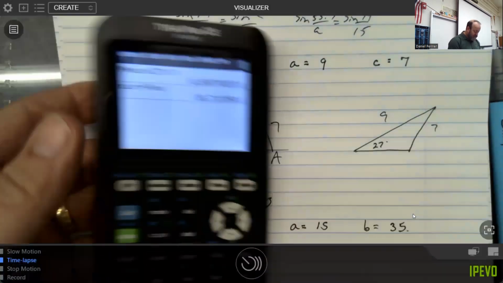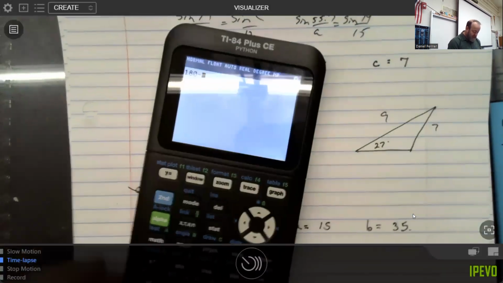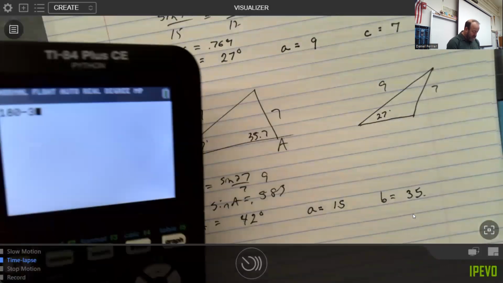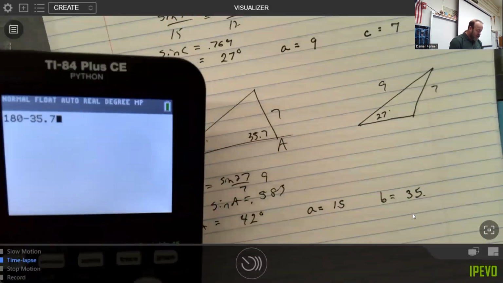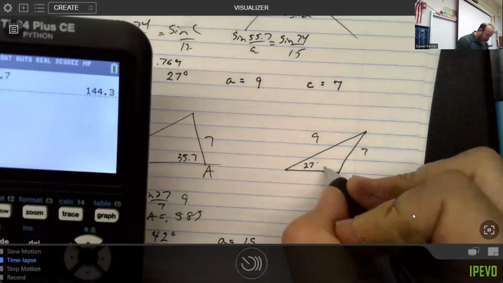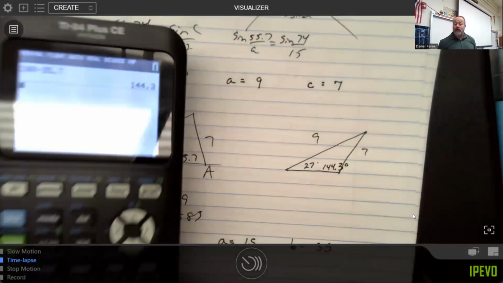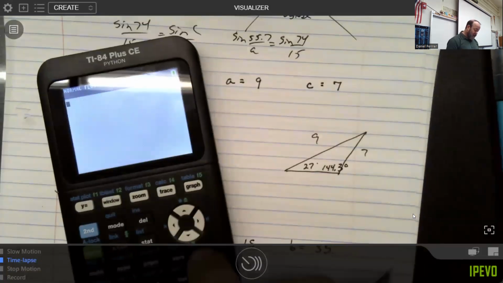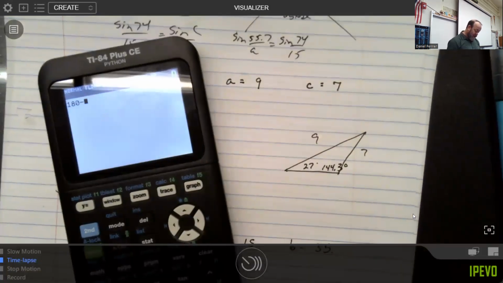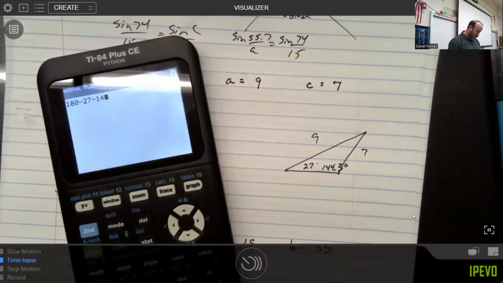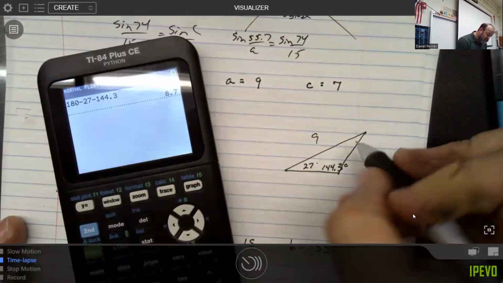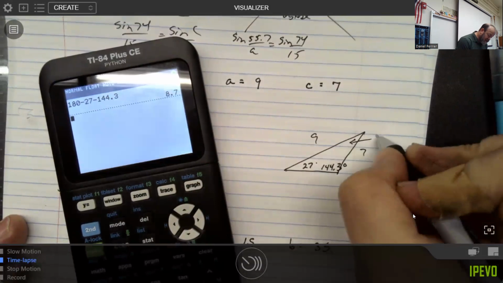Well, that means if we took 180 minus that value, 35.7, I get 144.3. Now, that might trouble you a little bit because we had a big angle on that last problem, but let's see. 180 minus 27 minus 144.3 means this angle is a small angle, but it's a positive angle.